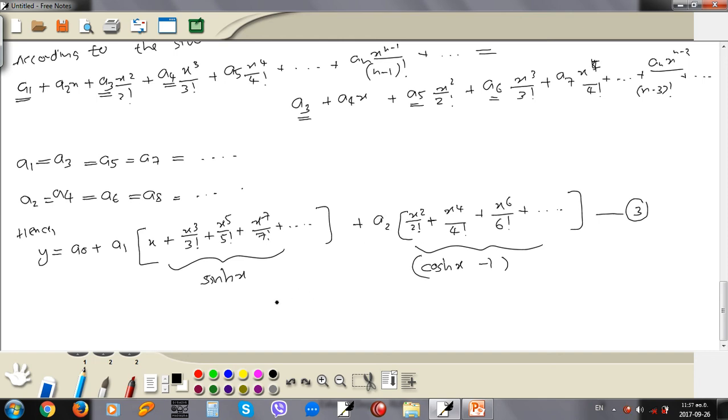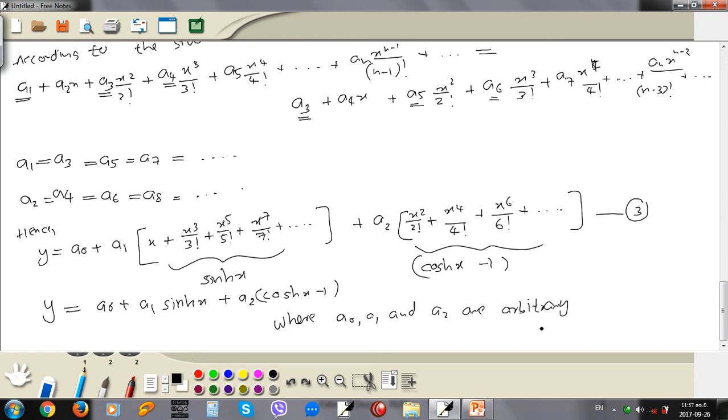So then we can write this relation, y equals a naught plus a1 sinh x plus a2 times cosh x minus 1, where a naught, a1 and a2 are arbitrary constants.